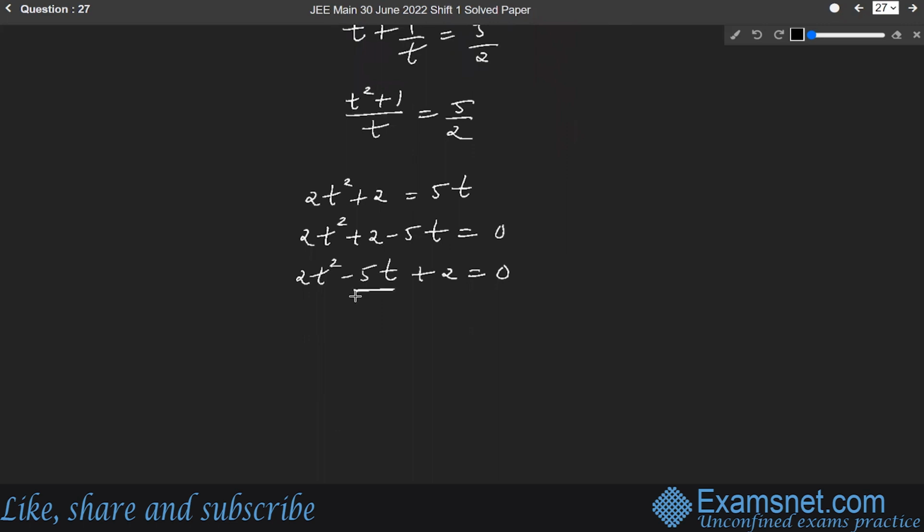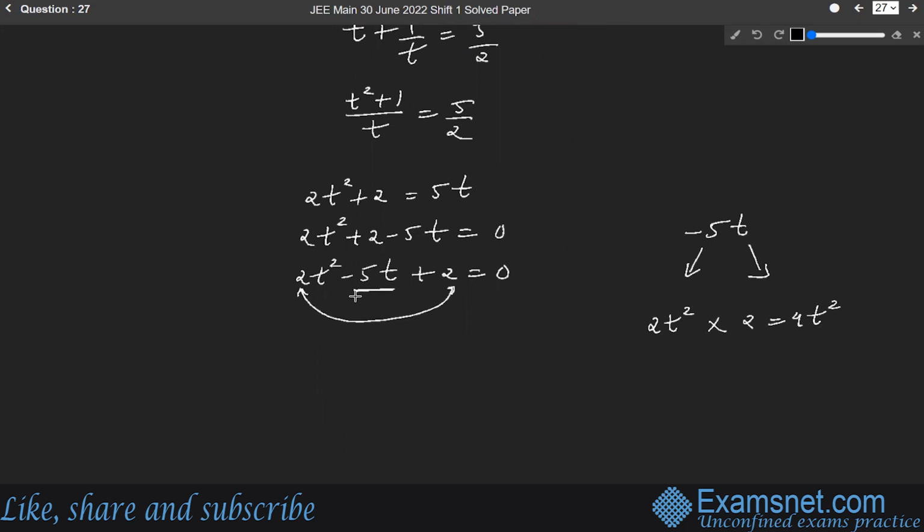We have to use the splitting the middle term method here, in which we split the middle term into two numbers such that when we add both the numbers, we get the middle term, and when we multiply both the numbers, it should be equal to the product of the first and last term. What is the first and last term here? 2t square and 2. So 2t square into 2 is 4t square.